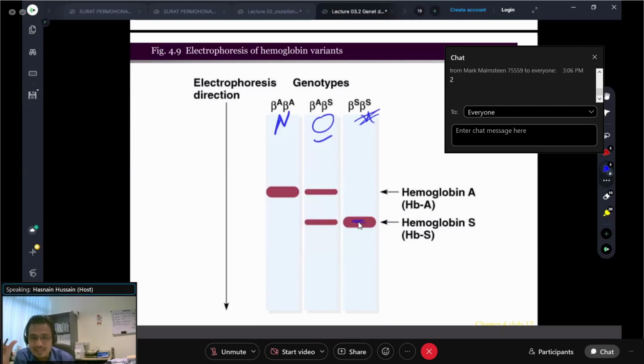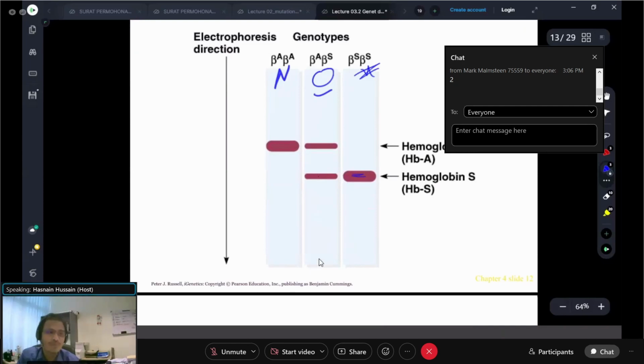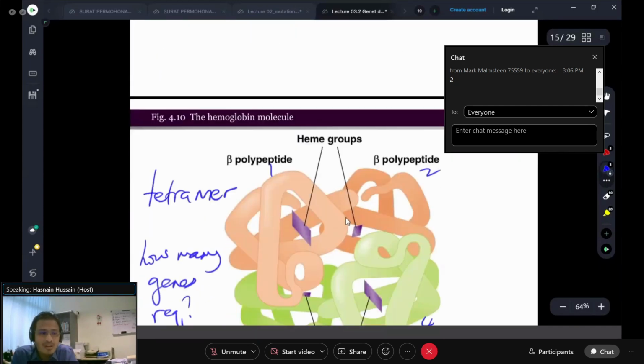So for hemoglobin S, the shape is slightly smaller by a very small difference, but because of that slight difference it moves faster, so it reaches the bottom of the gel earlier. That is why it travels further than the normal hemoglobin, because of the change in the shape of the protein itself.